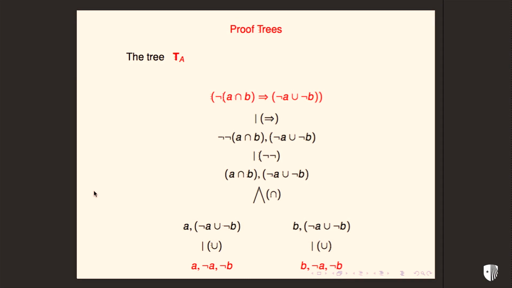This is the delta, and now I can apply conjunction to those two pieces. So I have conjunction, and now I can apply double negation.